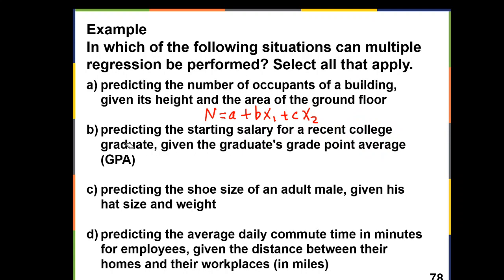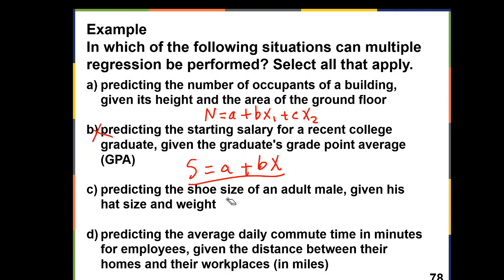So A is good. Predicting the starting salary for a recent college graduate given the graduate's grade point average. No. That's salary equals some number plus one x only, the grade point average. That's not multiple regression. That's the regression we just talked about. So B is not.